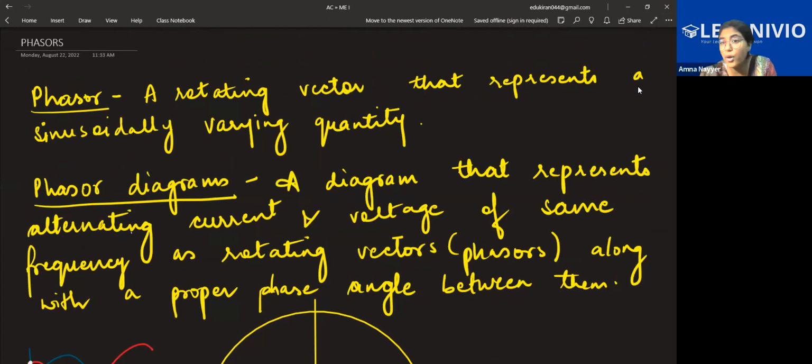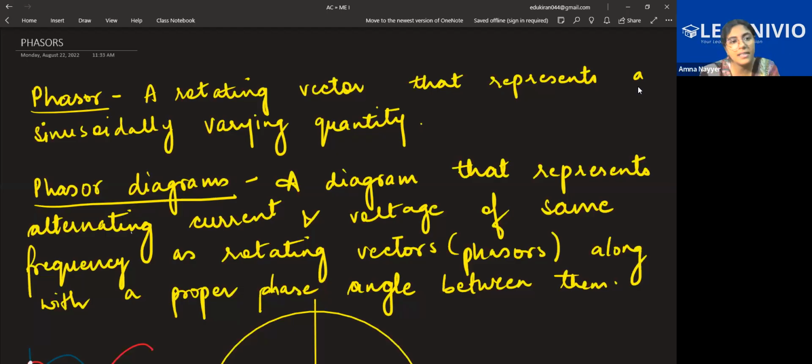What are the sinusoidally varying quantities? They are the currents and the voltages. So these currents and voltages are the phasors, meaning they are rotating vectors representing the sinusoidal variation, the wave that we draw, through a diagram.